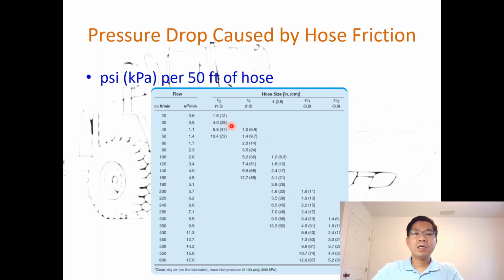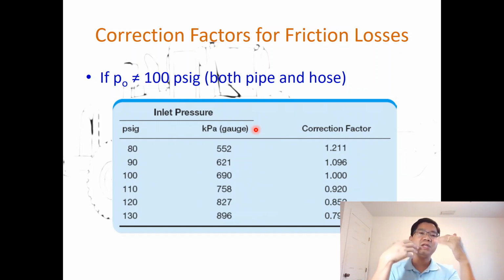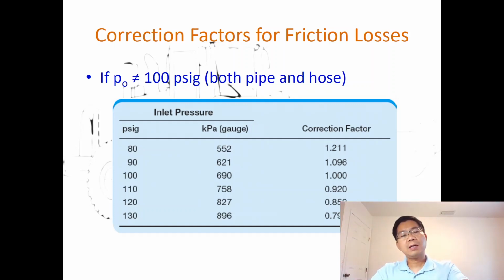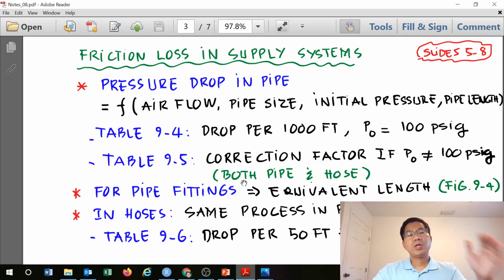If it's not 100 psi at the initial pressure, then we have to go back to this table to adjust for friction loss given that the initial pressure is not 100 psi gauge.